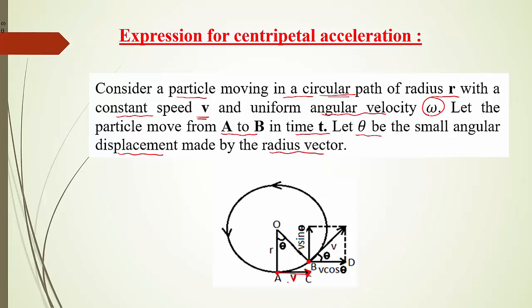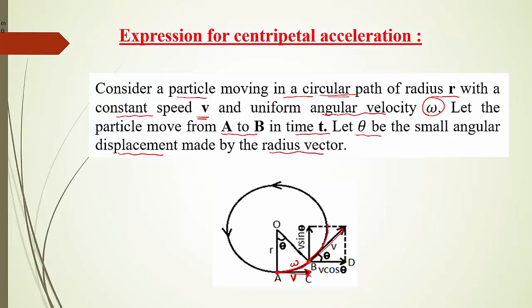This is constant speed, but because of the applied force it changes its direction. It moves in a curved path with angular velocity omega. Now at point B, again it will start to move in a straight line, but because of the applied force it changes its direction, and so on.